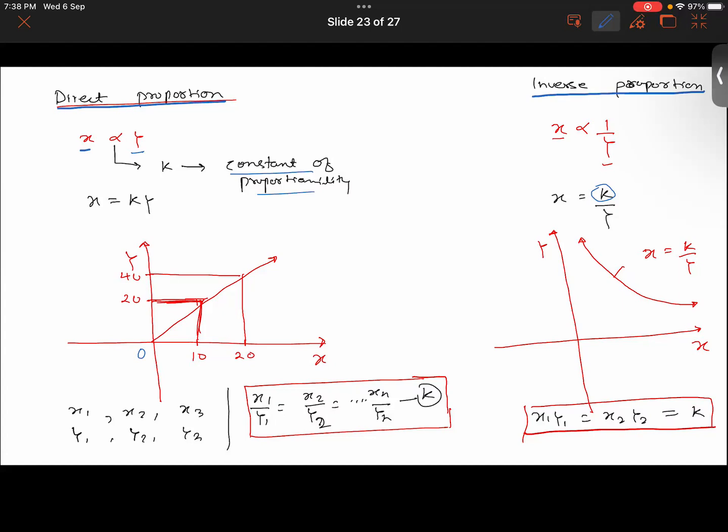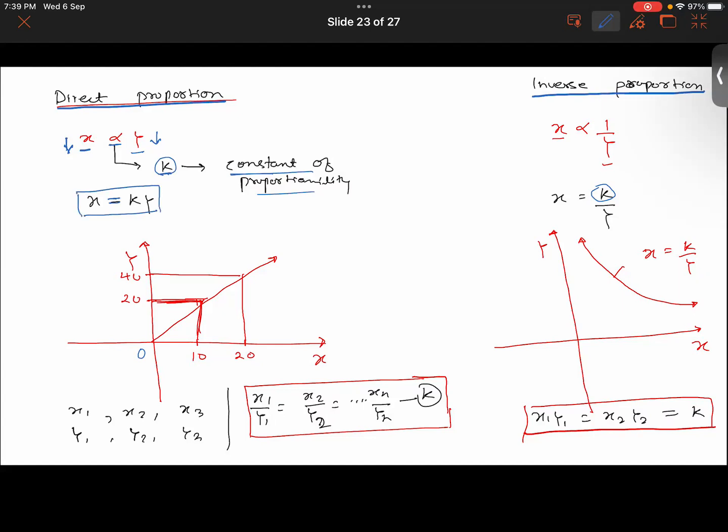If one quantity decreases, the other quantity also decreases. So you say that x is directly proportional to y, and this proportionality sign is replaced by the constant value k, the constant of proportionality. So you can write x equals k into y.